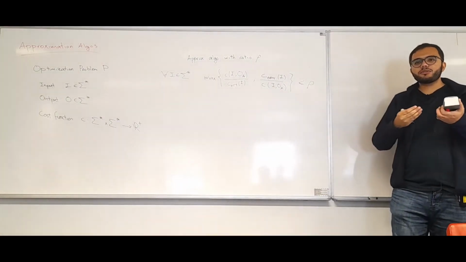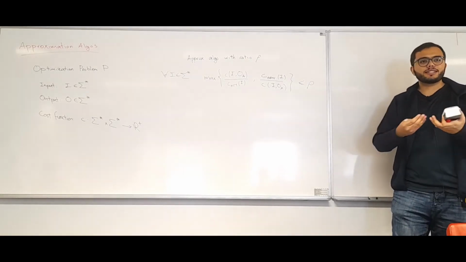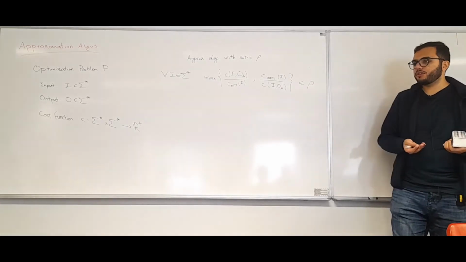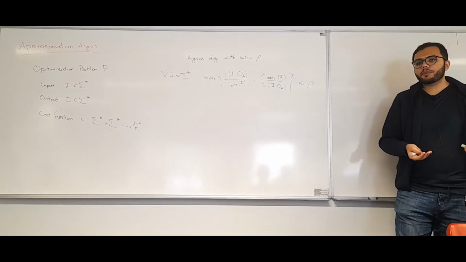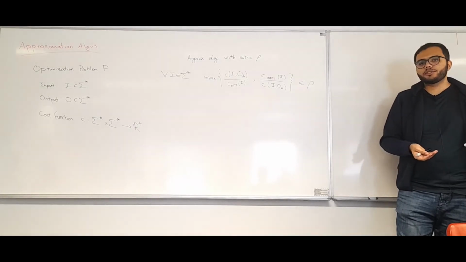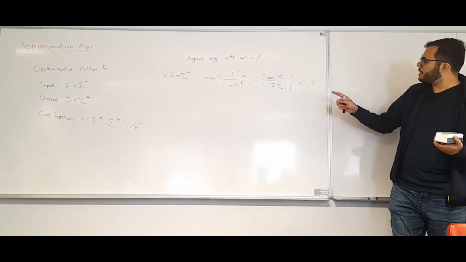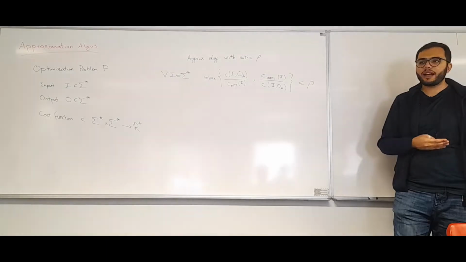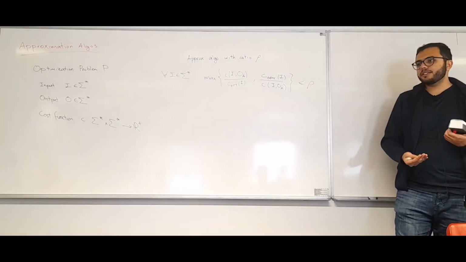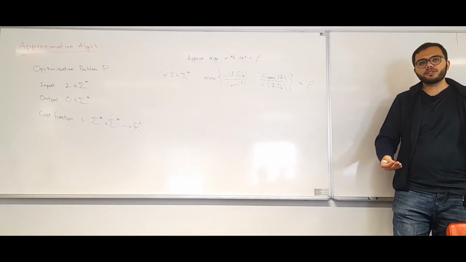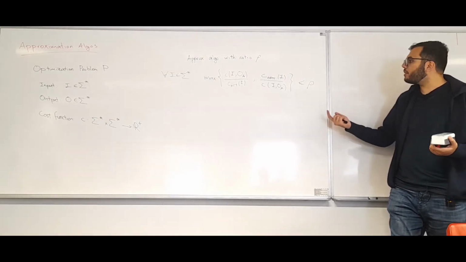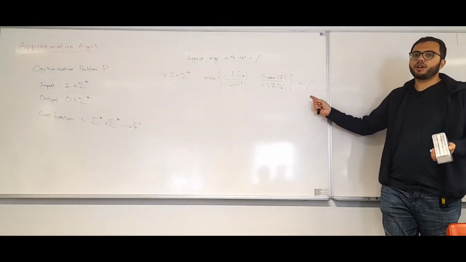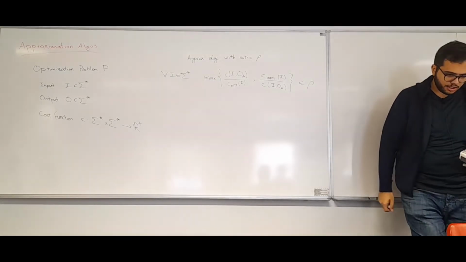Basically, I want you to have a scheme, a system or a family of algorithms that can give me any possible approximation ratio. And of course, if I want better approximations, it's going to take more time. So I'm fine if my time depends on the approximation ratio. In a sense, it's similar to what we were doing in parameterized algorithms, where we analyzed the runtime not only based on the size of the input, but also based on some other parameter. But now you can think that this other parameter is just how good our algorithm is going to approximate, how close our ratio is to 1.